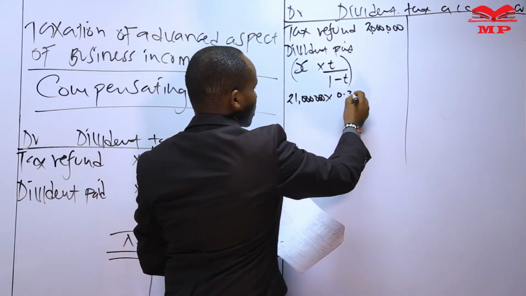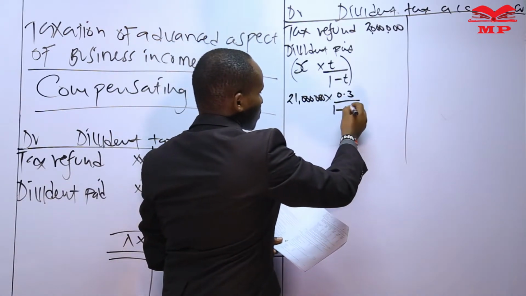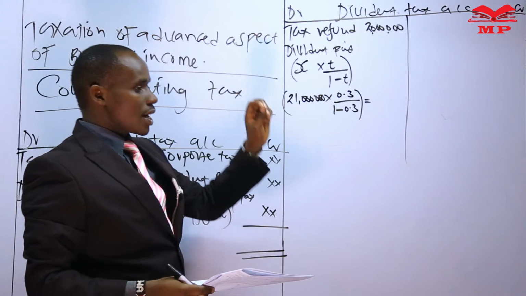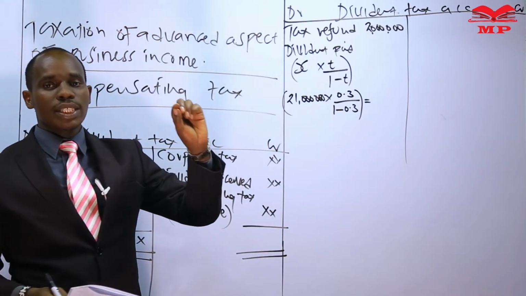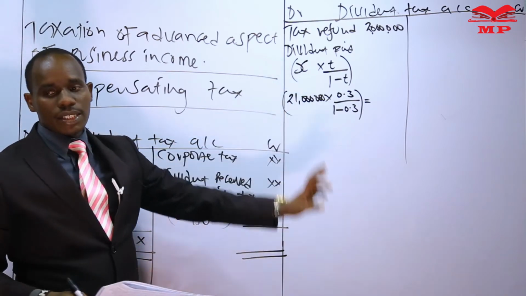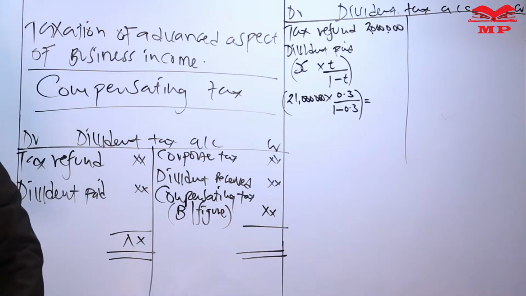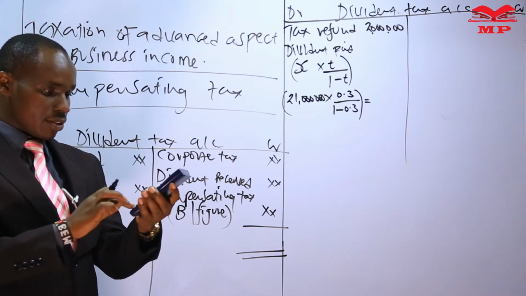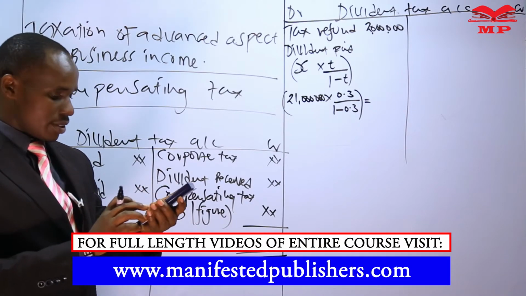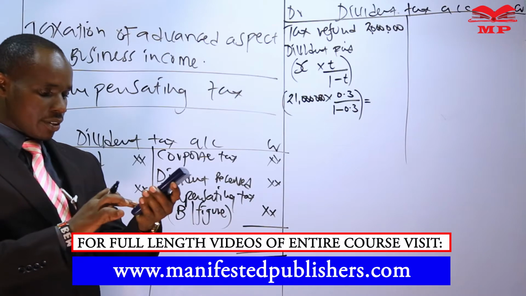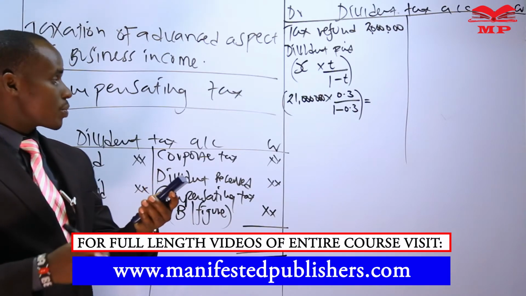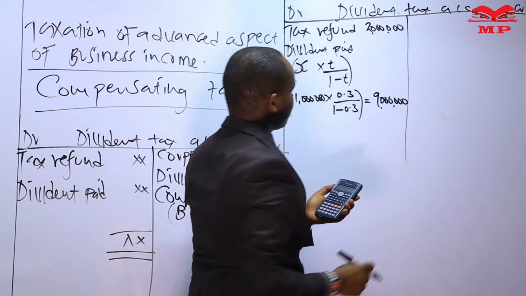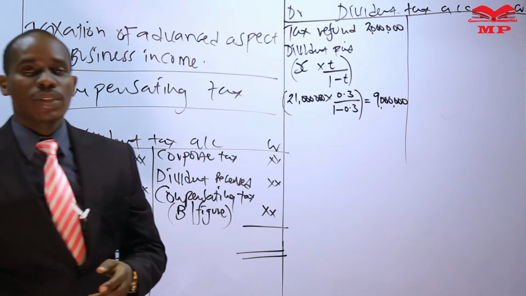So we have 0.3 divided by 1 minus 0.3. So what we get is the corporate tax that was deducted on this particular dividend. This can be calculated as follows: 21 million multiplied by 0.3 divided by 0.7. So you get 9 million. Then we move to the credit side.